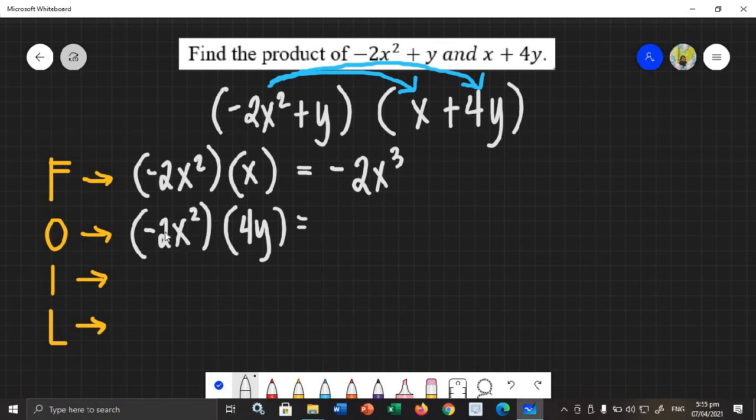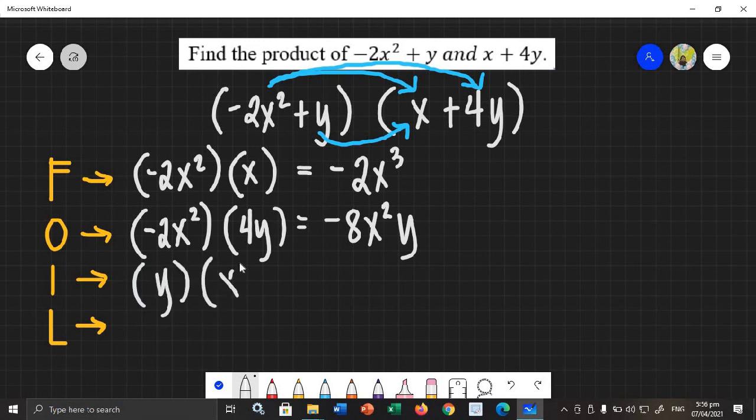And this will result to negative 8. So negative 2 times 4 is negative 8. And then let's just copy the variables or the literal coefficient, x squared y. The next is we need to multiply the inner terms, and that is y times x. And the answer here is xy. Okay, you need to make sure that the order of your variables is according to the alphabet.